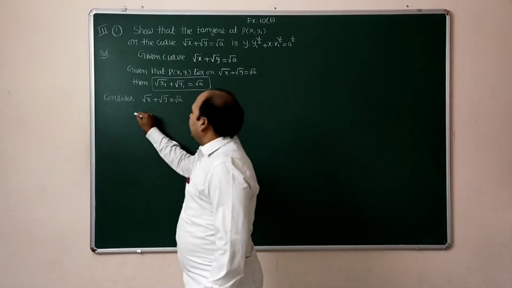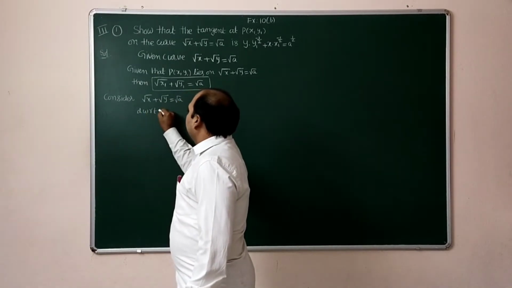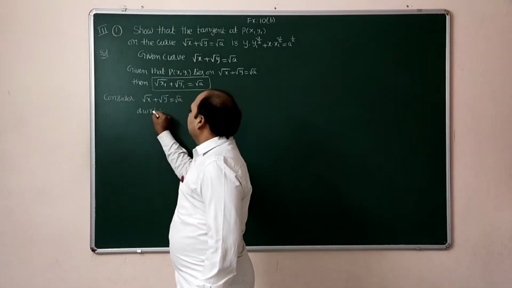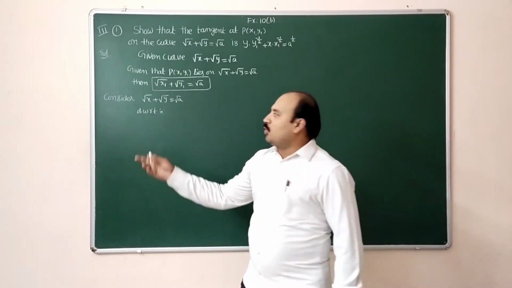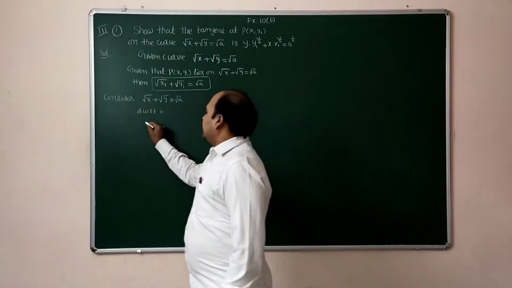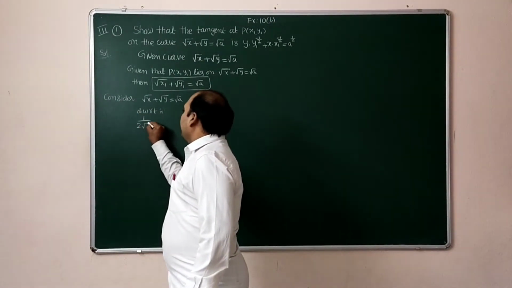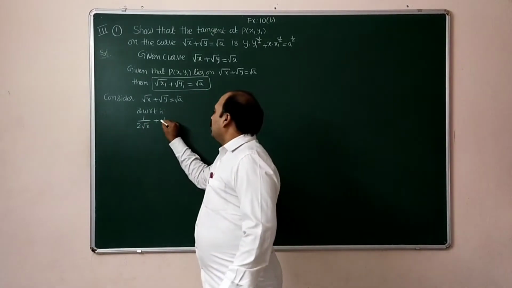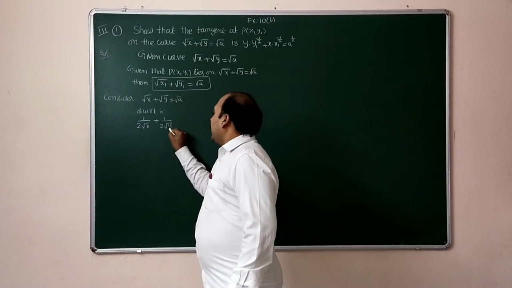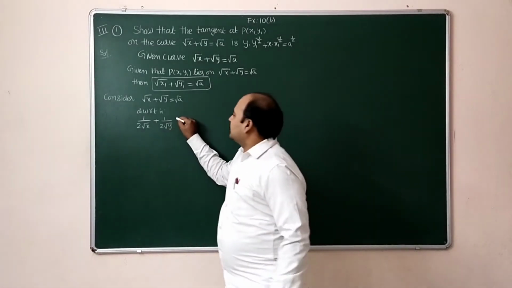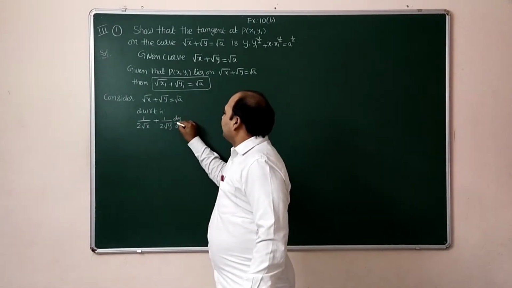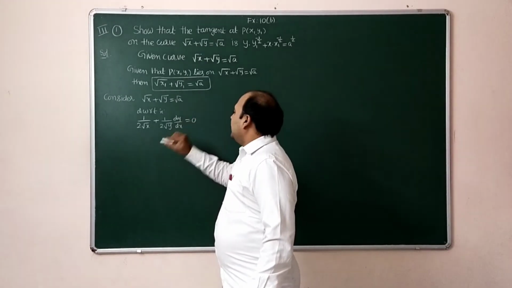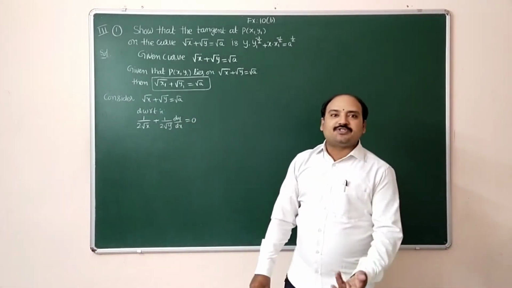Differentiate with respect to x. d by dx of root x is 1 by 2 root x, plus d by dx of root y is 1 by 2 root y into dy by dx, which is equal to, root a being constant, whose derivative is 0.